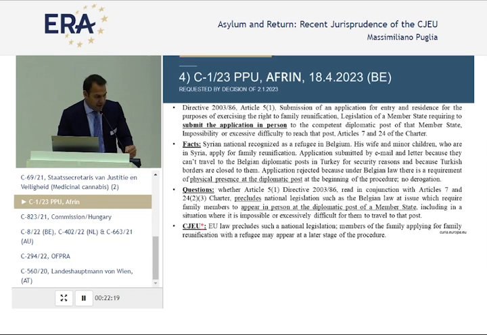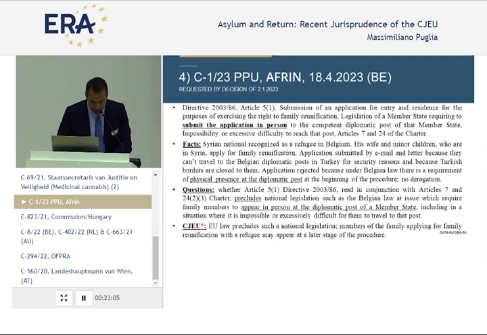So the court said that the fact that Belgian law didn't allow any derogation to the rule according to which there was a need of a formal presence at the very beginning of the application did not show the necessary flexibility that member states must show in such situations. And the court points out at paragraph 51 of the judgment that there is a need to allow the use of remote means of communication where people are applying for family reunification and they are actually in areas of conflict like in Syria or at the Syrian border.